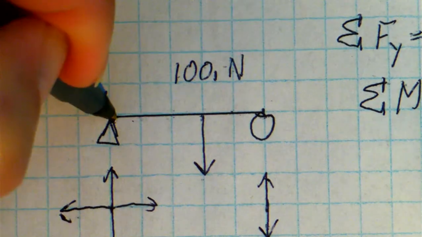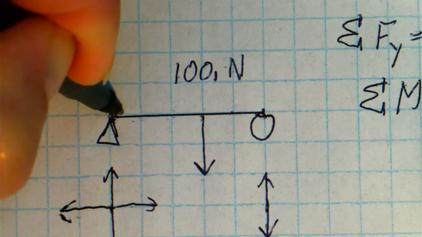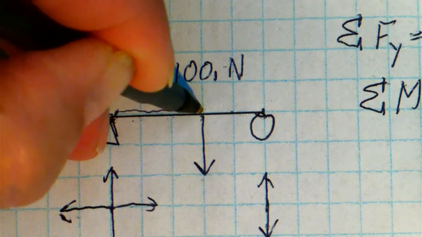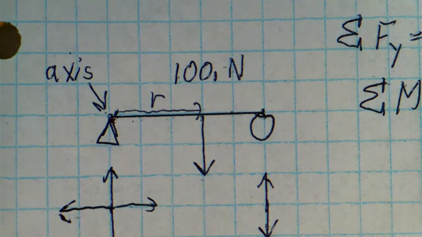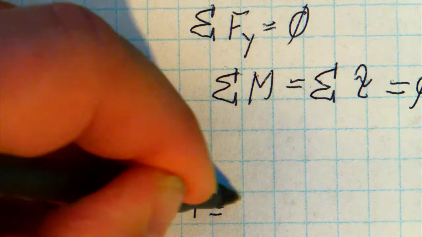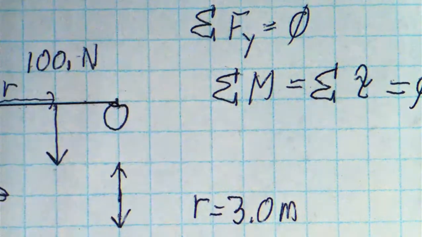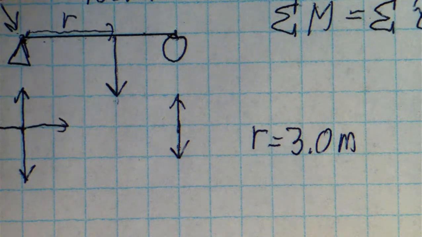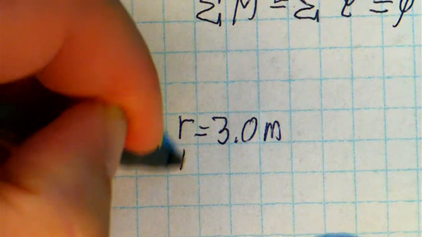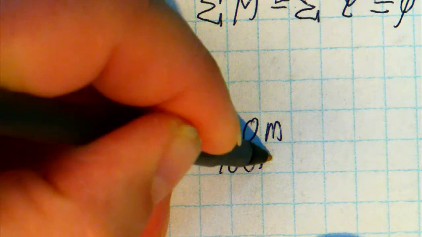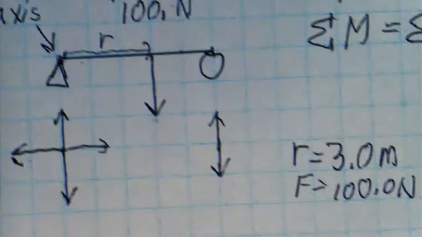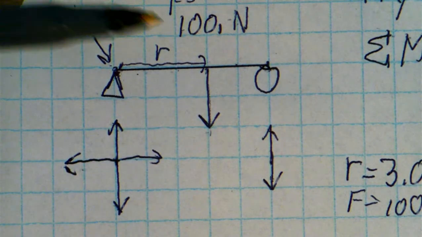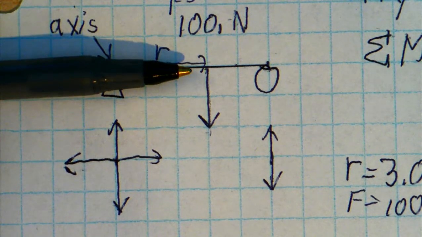So R, the distance from this axis of rotation to the point of application of the force in this example, is 3 meters. The force is 100 newtons. Now the angle always starts off with the direction of R as being 0 degrees.